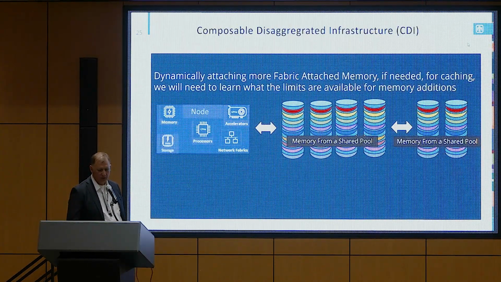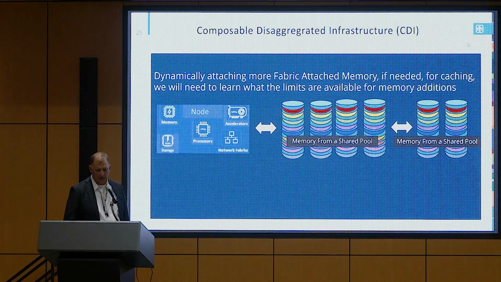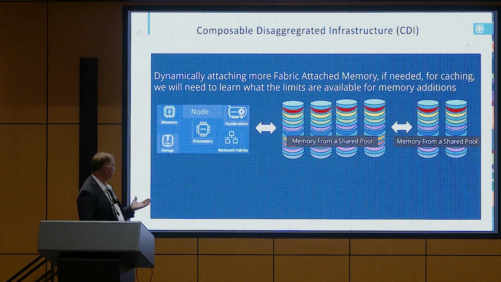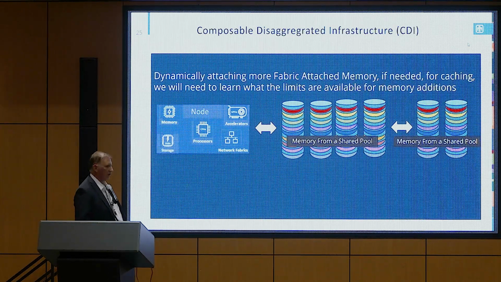Dynamically attaching, there's some use cases here. Like I said, if I wanted to add more memory from a shared pool, let's say I don't have enough memory to run the batch job I'm running, and I'm bogging down the system or whatever.